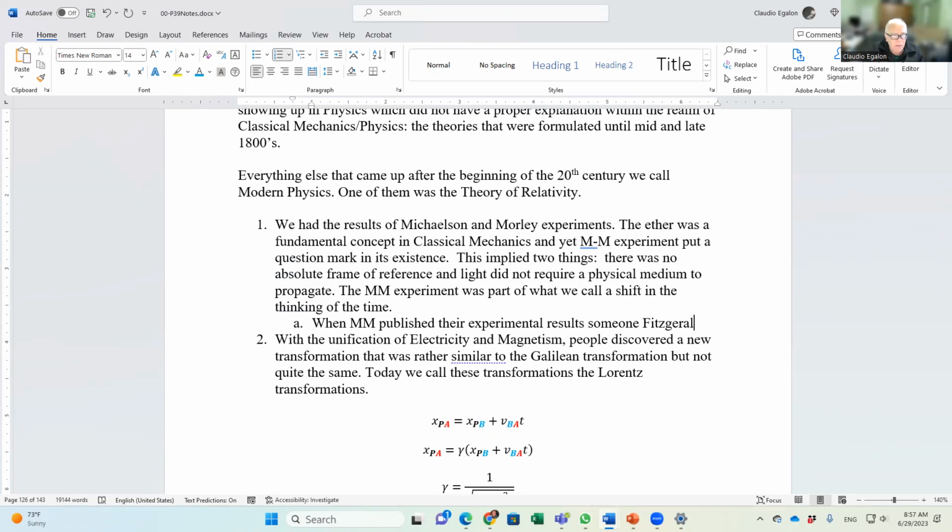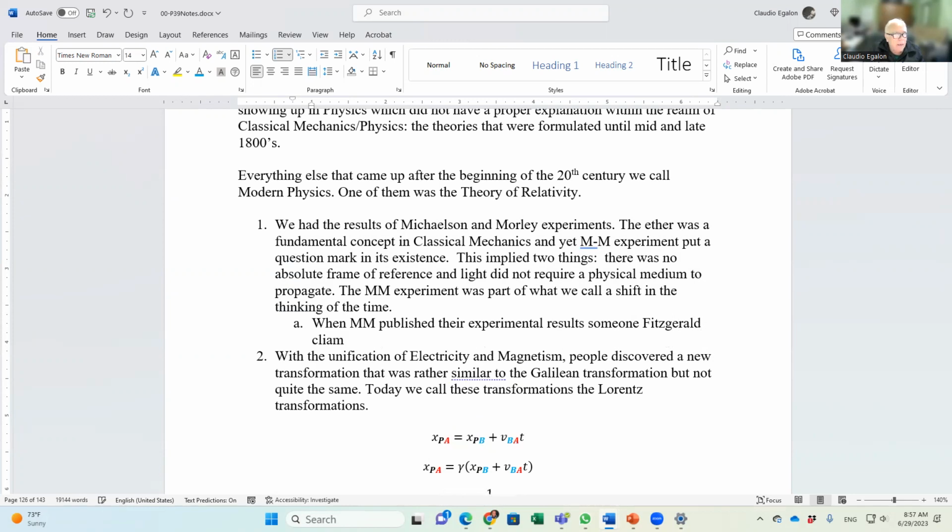Remember the video of yesterday, right? Fitzgerald claimed that one of the arms of the Michelson interferometer seemed to be contracting.